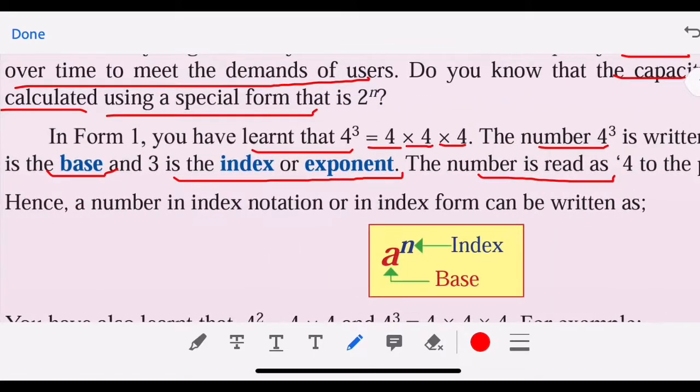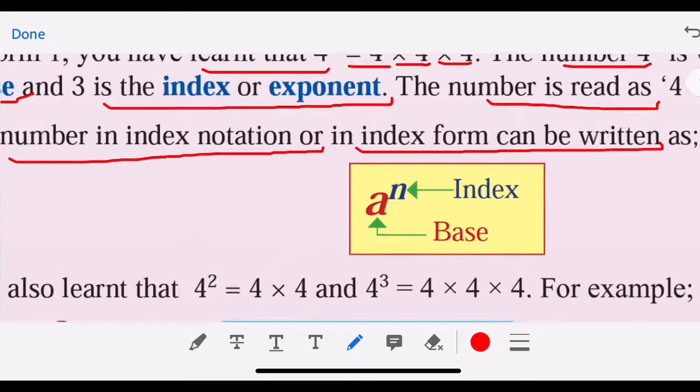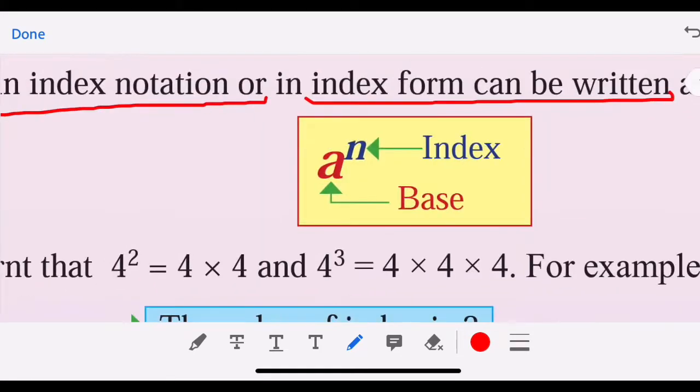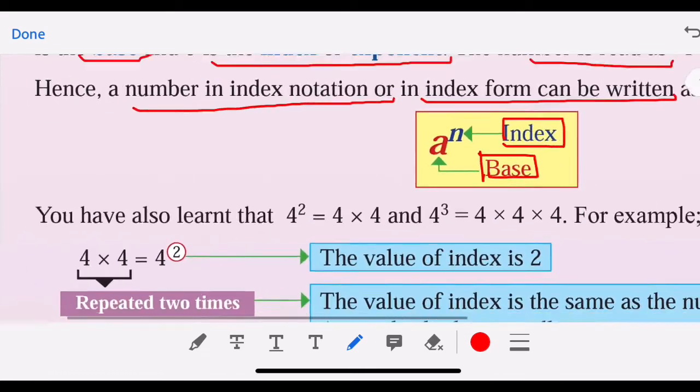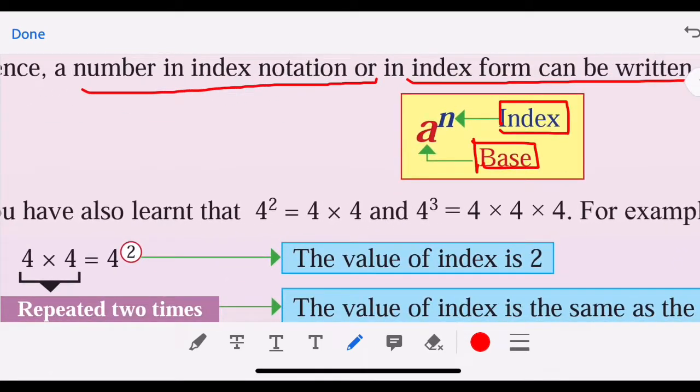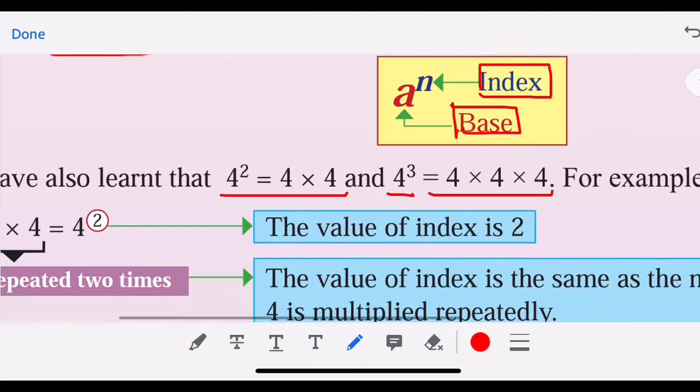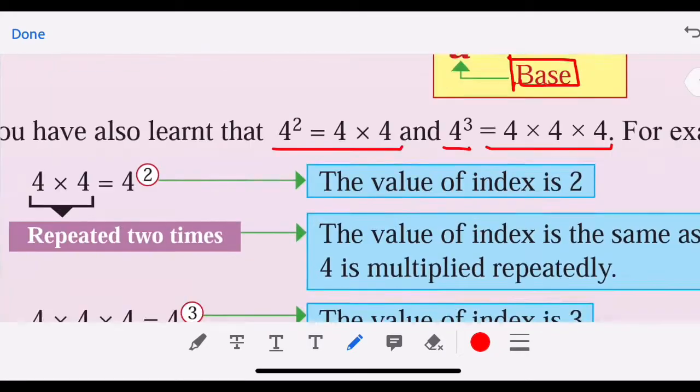Hence, a number in index notation or index form can be written as a to the power of index, and a is the base, right? You have also learned that 4 power 2 is 4 times 4 and 4 power 3 is 4 times 4 times 4. For example, 4 times 4 is 4 power 2.